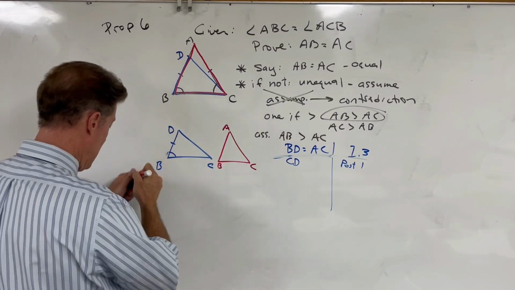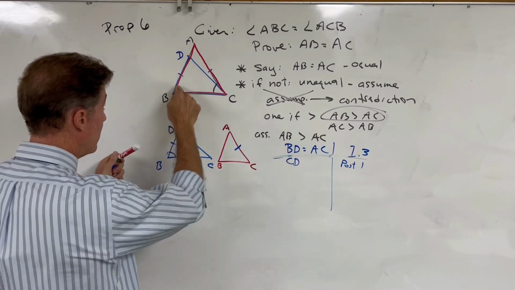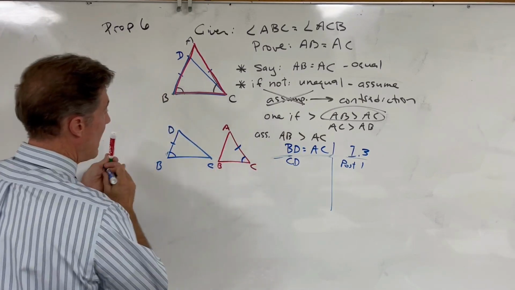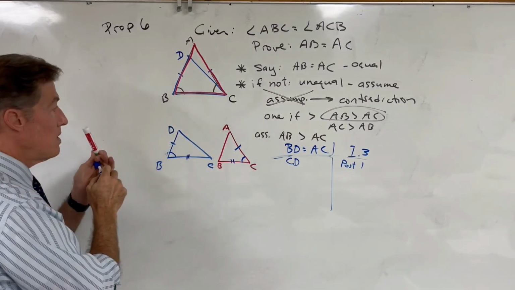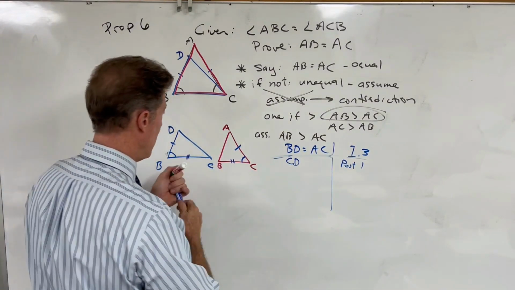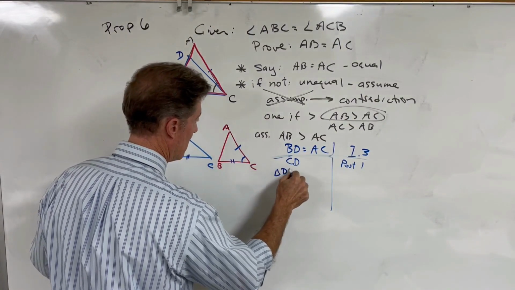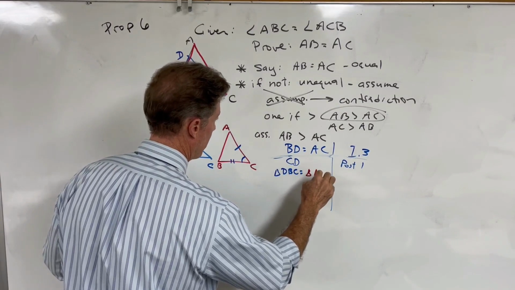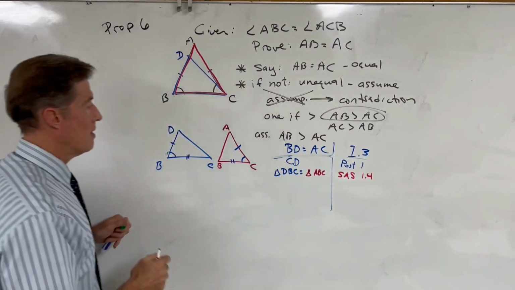And we've already shown that DB is equal to AC. And we know that this angle here is equal to this angle here. And BC is common to both of those. Therefore, we have side angle side, side angle side, and we know that these triangles, namely triangle DBC, is equal to triangle ABC. And this is from our side angle side proof, which is Prop 4.